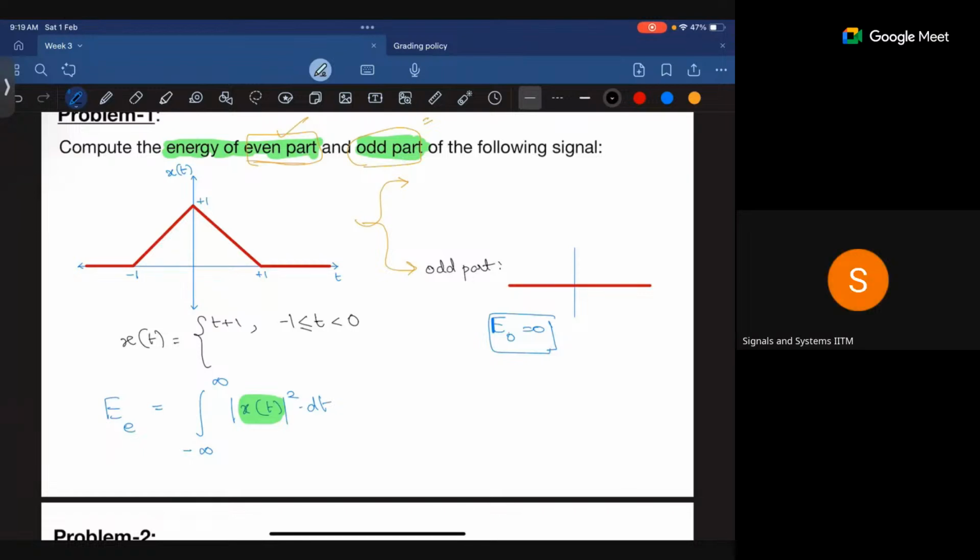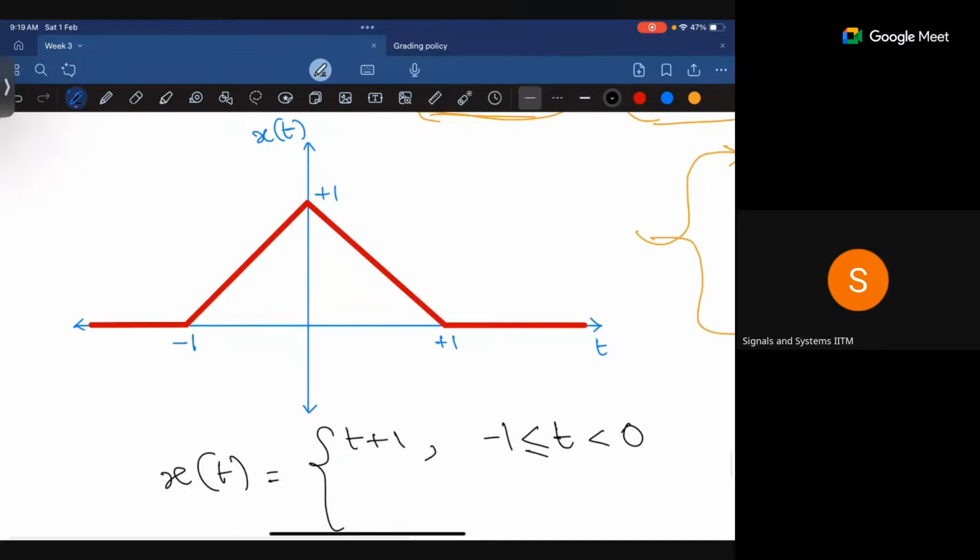How do you do it? There are 2 points, (-1, 0) and (0, 1). The slope is (y2 minus y1) divided by (x2 minus x1). So the slope m is (1 minus 0) divided by (0 minus (-1)), which gives me 1.